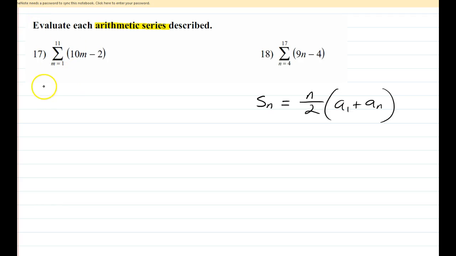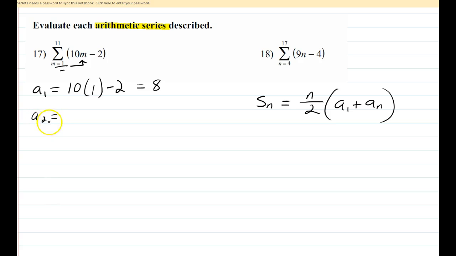All right, so if we look at this, if I wanted to know my first term, I would take the expression 10, and so we're starting at 1, so I plug 1 in. And so 10 times 1 minus 2 is 8.